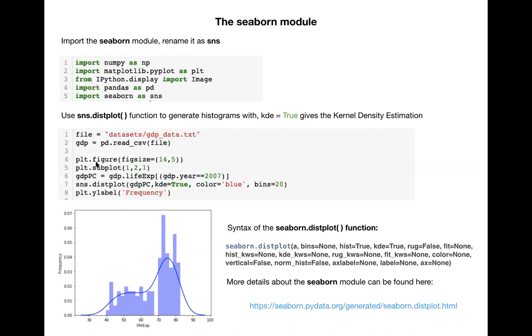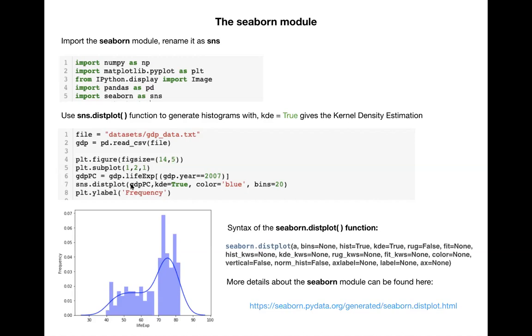Using pd.read_csv, let's filter the data first because we only want the data for year equals 2007. This is the way we filter the data, and we give the result to a new data frame called gdp_pc. Now we call the sns.distplot function, which is the same as pandas hist.